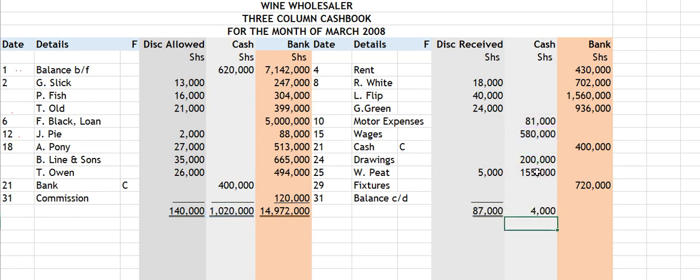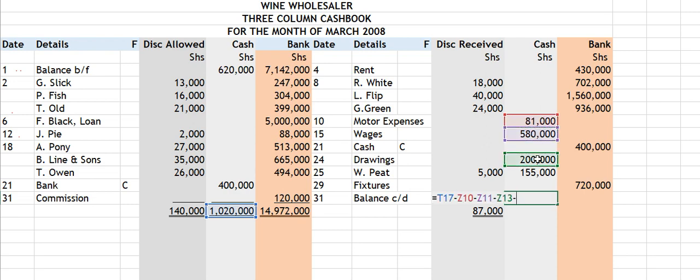You end up having 4,000. No, this should be up here. So it is this minus this, minus this, minus this, and minus the 155,000. So you end up having a cash balance of 4,000.